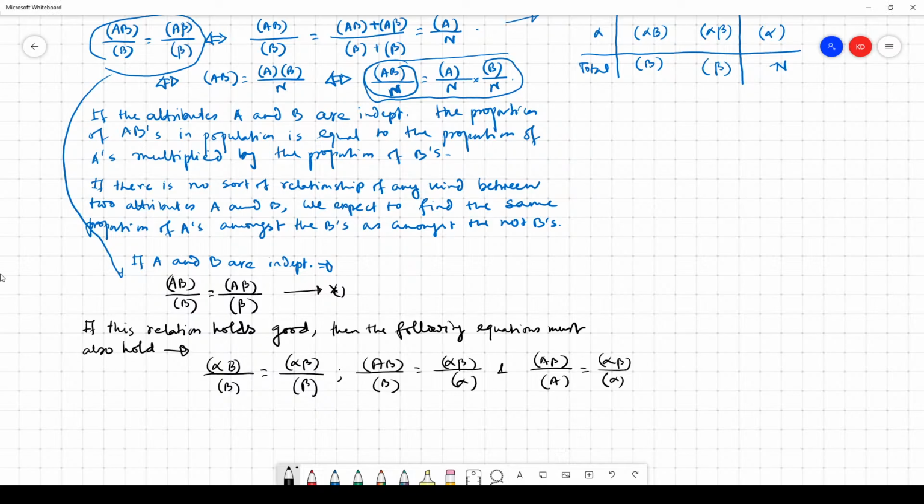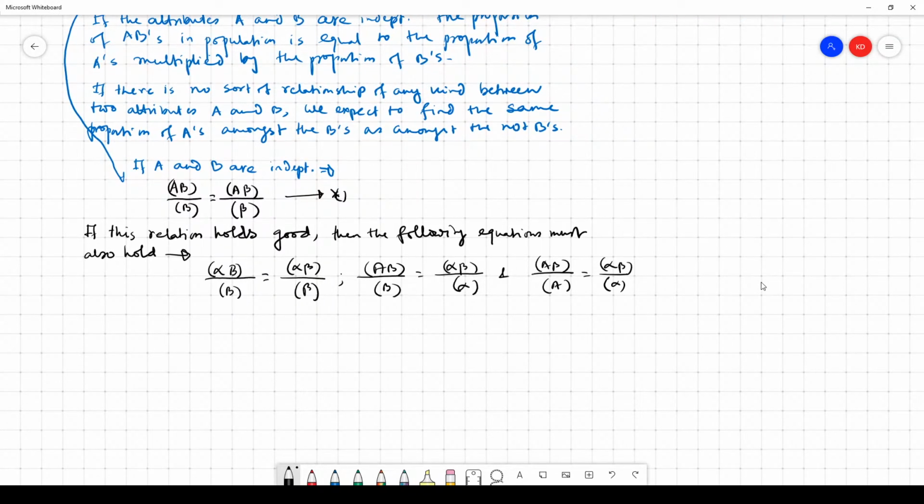Now from star, (AB)/B = (Aβ)/β. So this is the same as this.